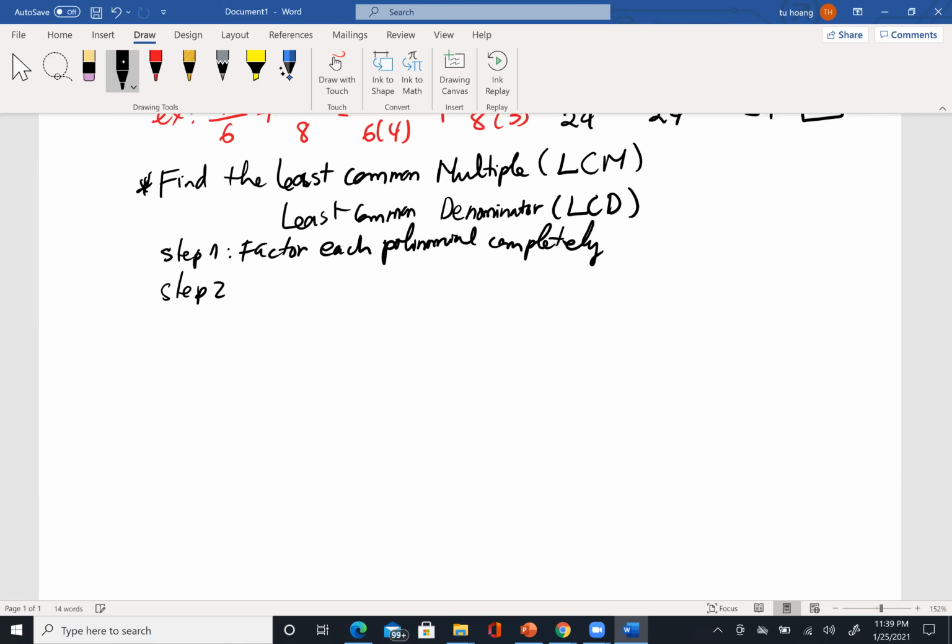Step 2, list each factor the greatest number of times that it occurs in any factorization.